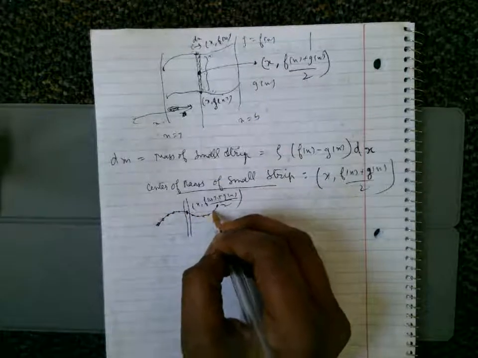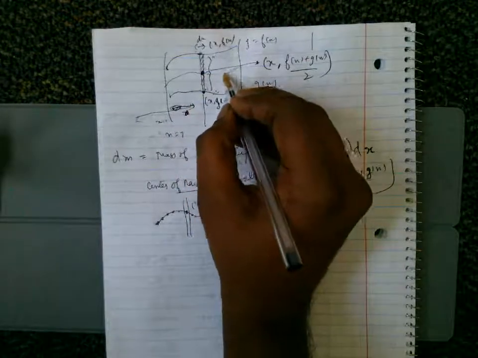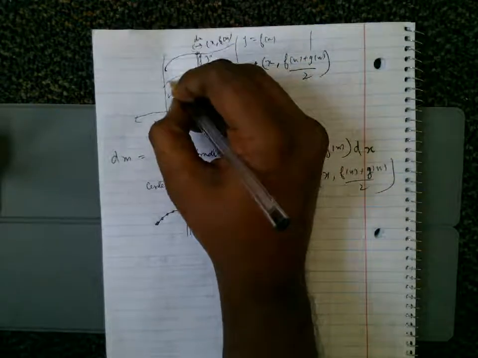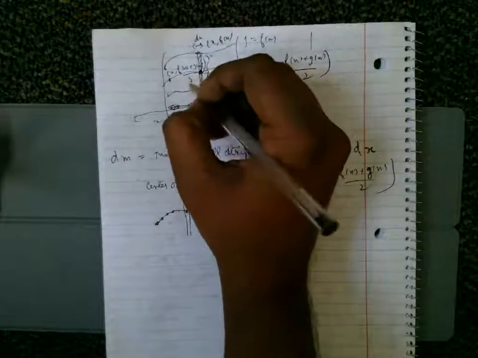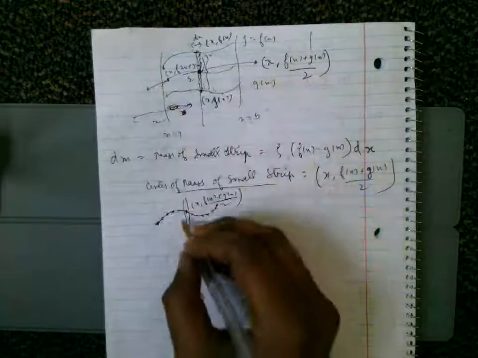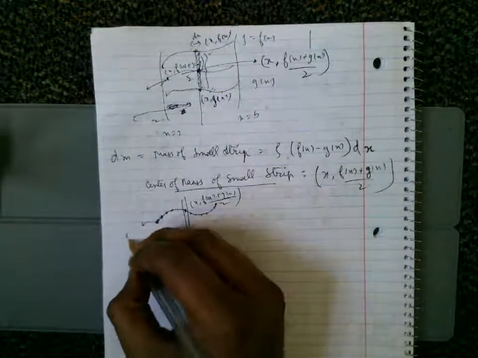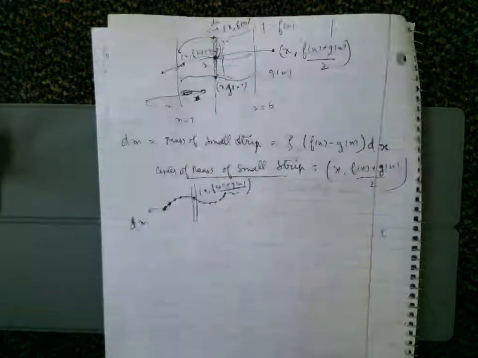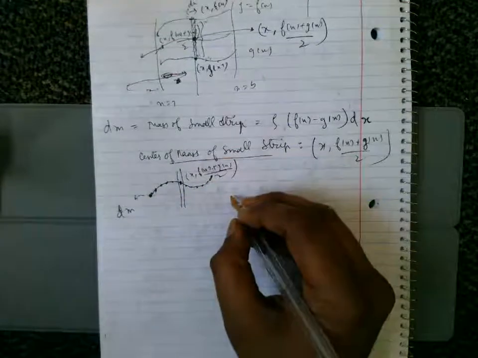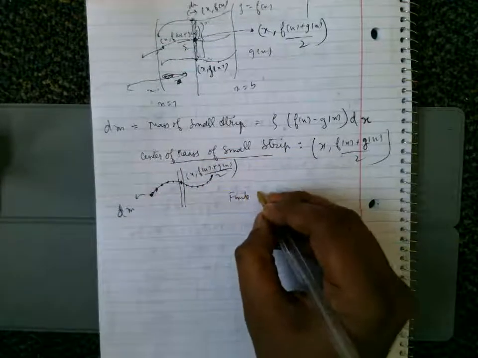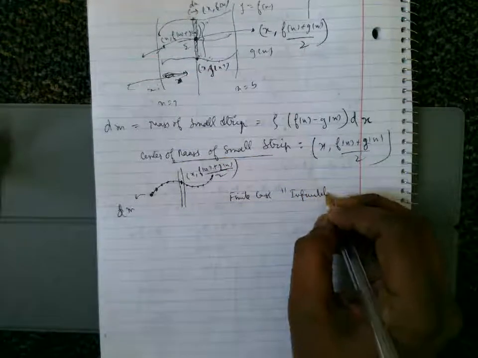So it will be like this single curve in between this strip, and at each point we are at x comma (f of x plus g of x) by 2, and it has mass. The mass of each single point is rho dm. So now this is just like the finite case, but with infinitely many point masses.